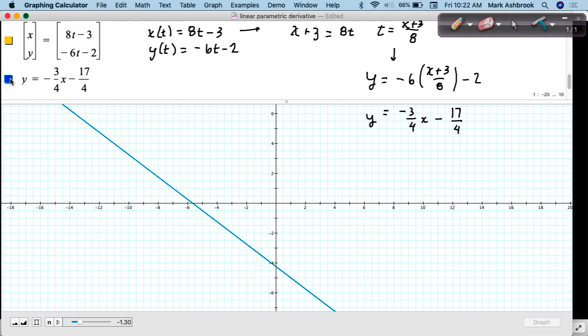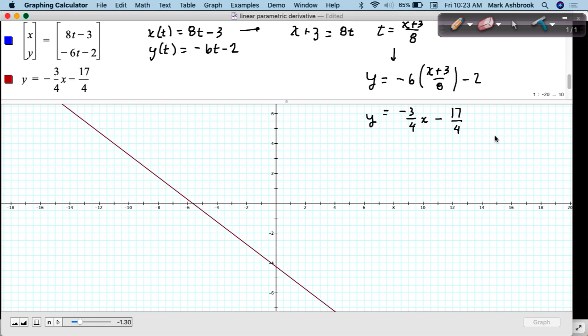Yellow's too light. Let's do blue and red. So there's blue. Here's the red one coming. Okay, so is y a function of x? Yeah, because you just get a line, a linear function. Y is a linear function of x.